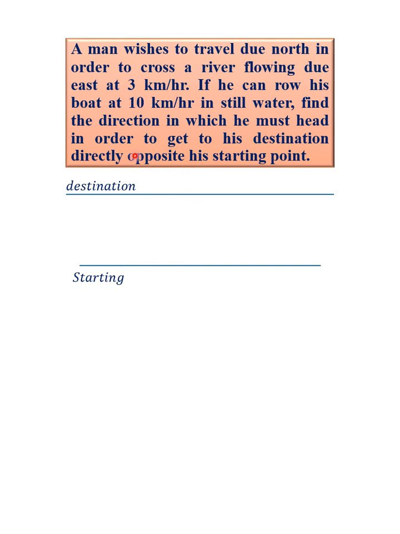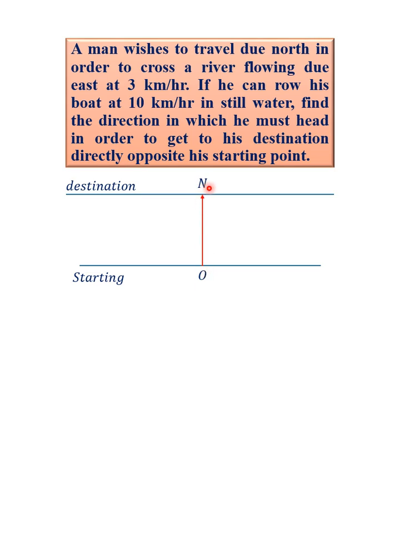We are told that the man wants to get to his destination directly opposite his starting point. Let us call his starting point O. A destination that is directly opposite it should be here.